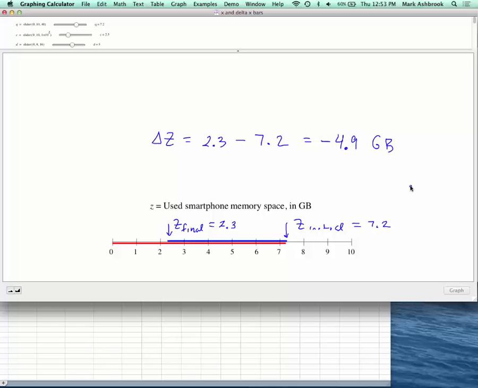So what about the negative? Is that uncomfortable, or does it work in the situation? It works. Why? Because the amount of memory is going down. It's decreasing, right? And so when you have a decreasing quantity, your change is negative. It makes sense, right? And when you have an increasing quantity, the change is positive.